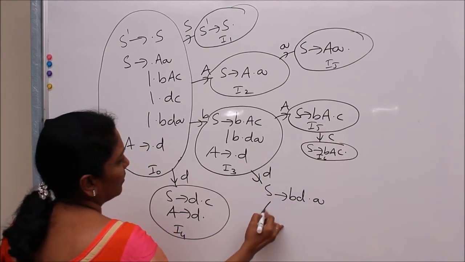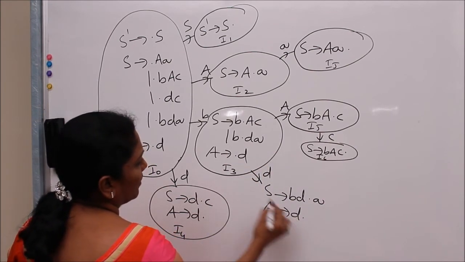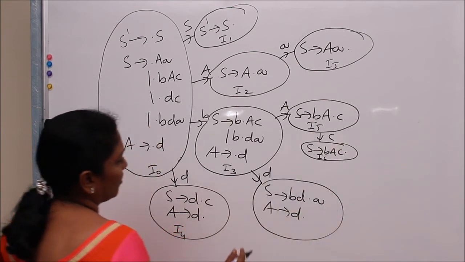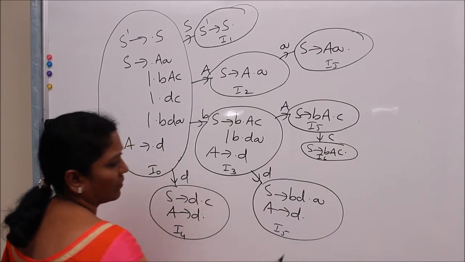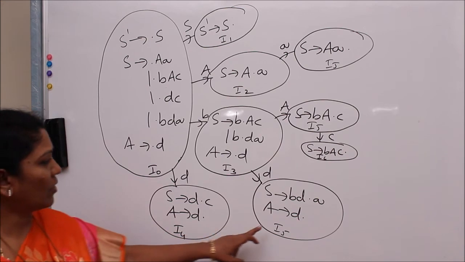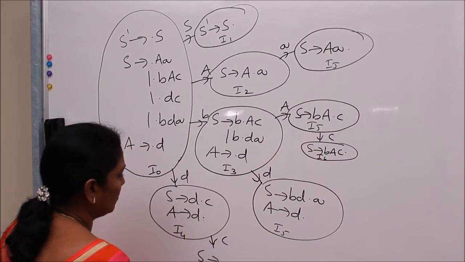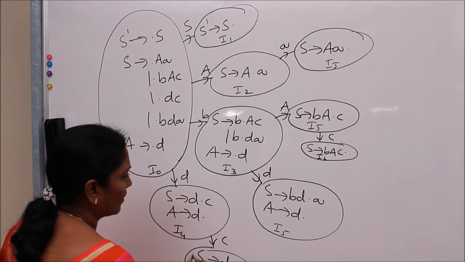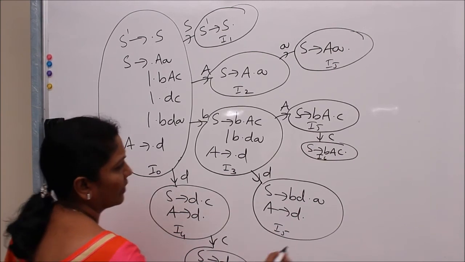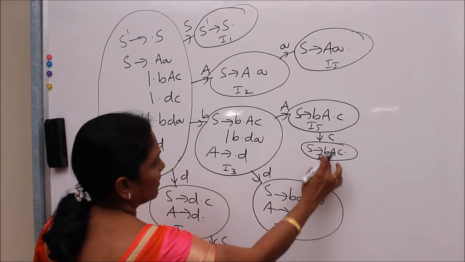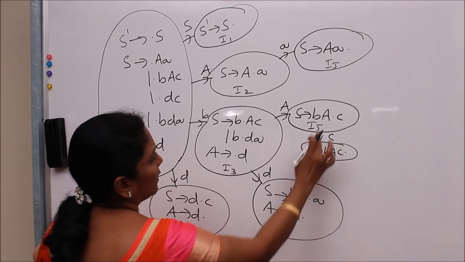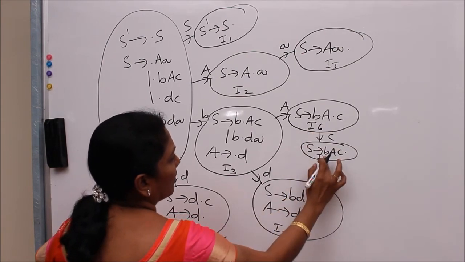Here and here both places there is a match. This is also another conflict, I5. Look at this, here there is a conflict, here also there is a conflict. Now this one on C, it would be S to DC dot. I6, and I6 is already there. Sorry, this is I5, I6, I7.